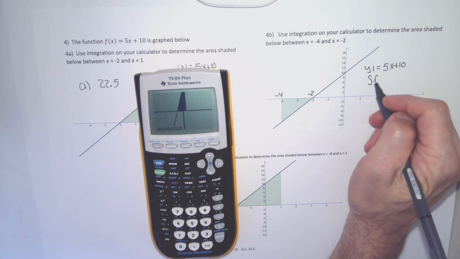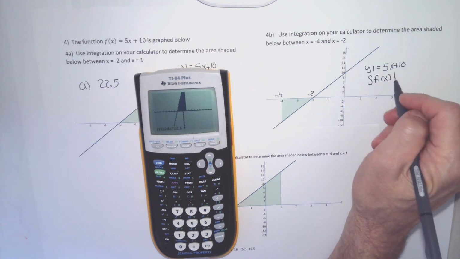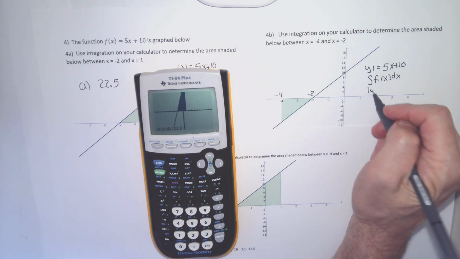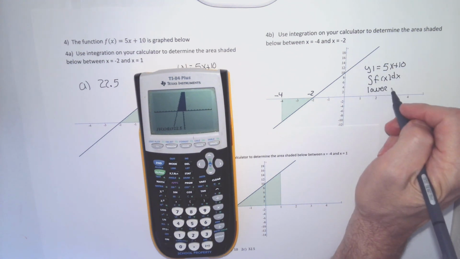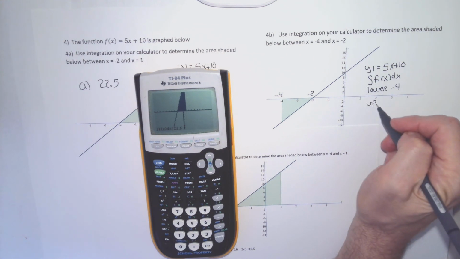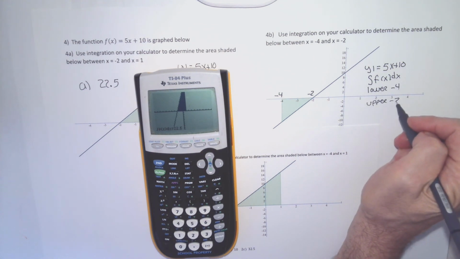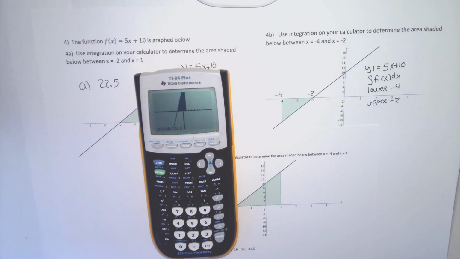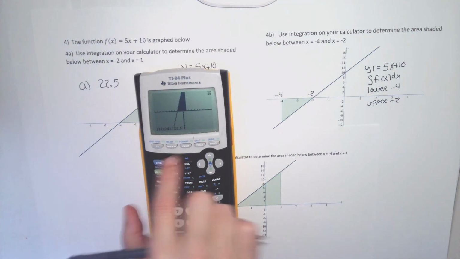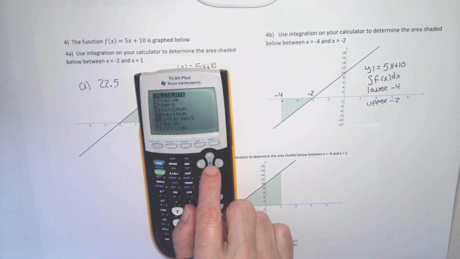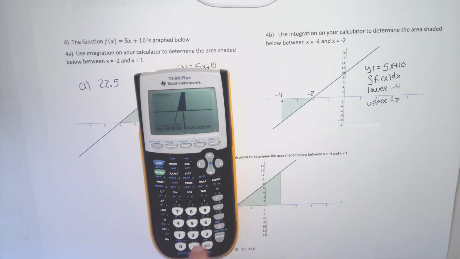I'm going to check the f of x dx, and I'm going to go lower is -4, upper is -2, and it's going to come back as a negative number. I'll make it positive. So now second calc, option 7, lower is -4, upper is -2.